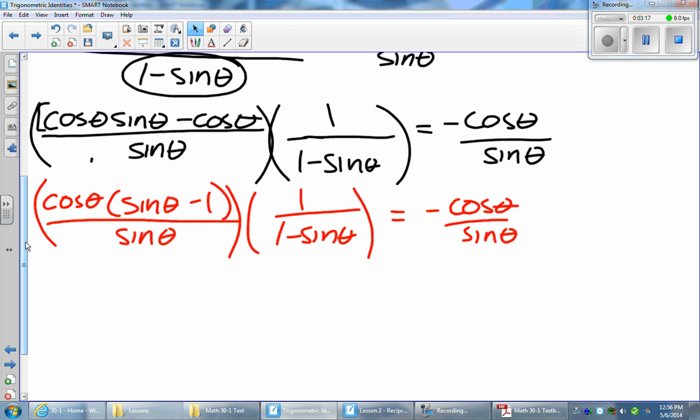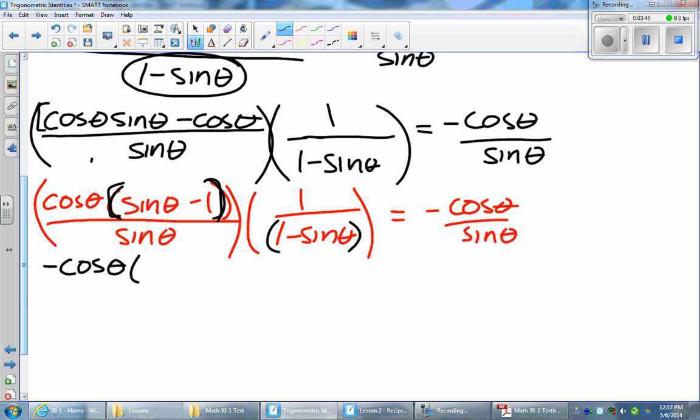As you can see here, this binomial 1 minus sine theta is almost close to sine theta minus 1. What we have to do to create this same binomial is factor out a negative. So I'm going to factor out a negative from this binomial up here. It doesn't matter which one you choose. If I factor out a negative, this ends up being negative cosine theta, and that's going to change the signs in the binomial.